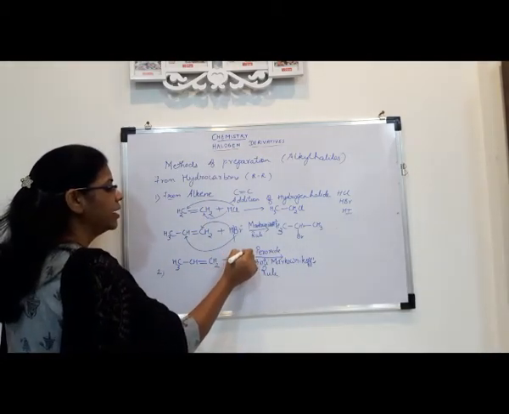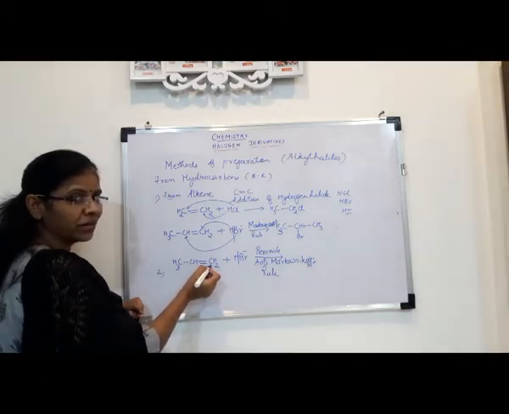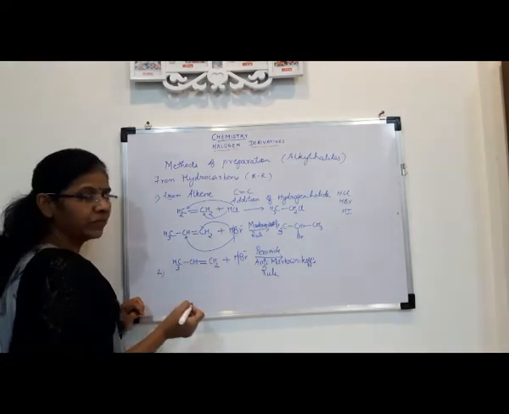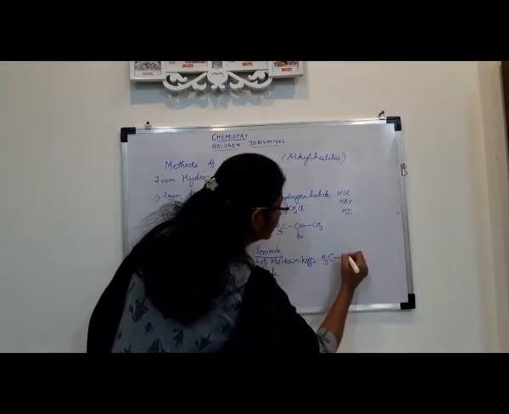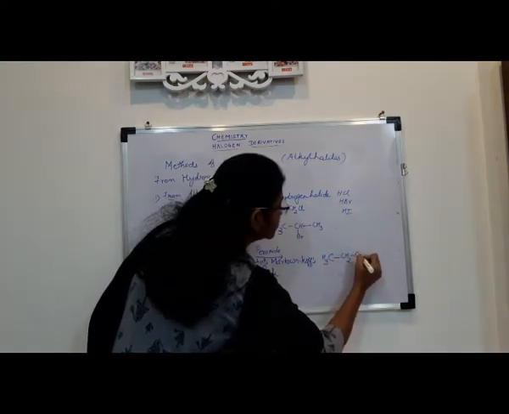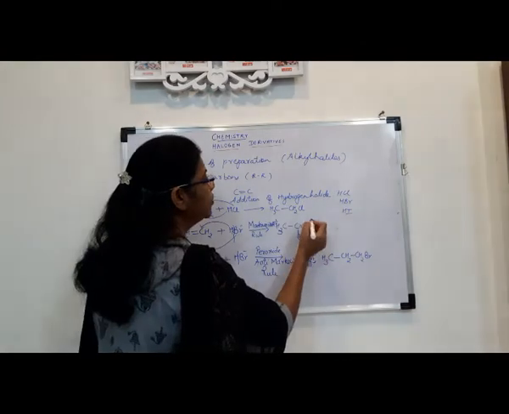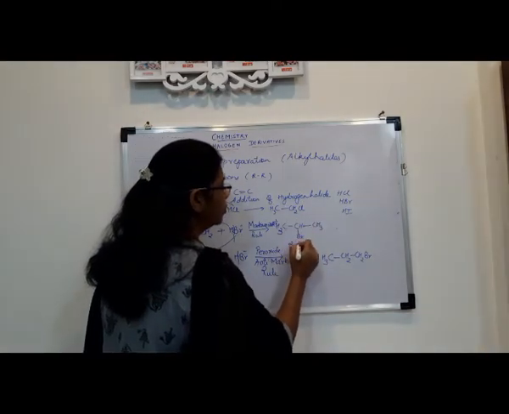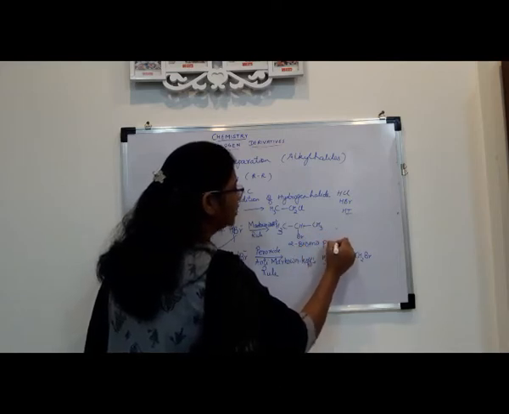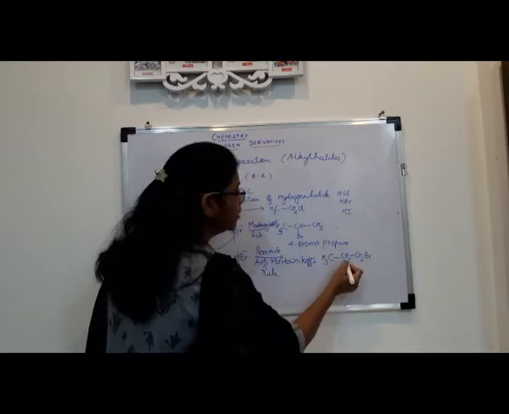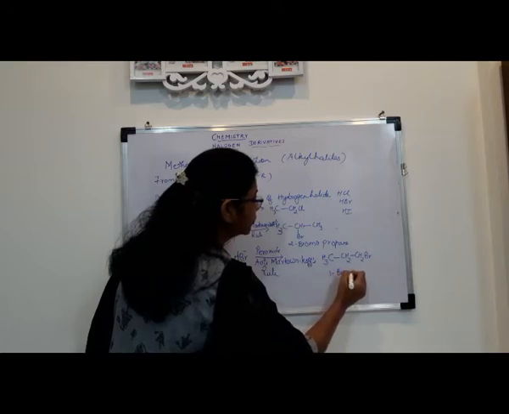Exactly opposite. The negative part of the reagent will add to that carbon carrying more number of hydrogen atoms, and the hydrogen will go to this carbon atom. And what is the product obtained? CH3CH2CH2Br. Correct? So how will you name this compound? This is 2-bromopropane. What about this compound? This is 1-bromopropane.